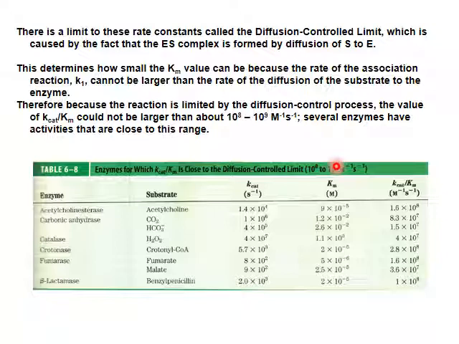And if they were just to diffuse together, well, the diffusion constant is around 10 to the 8th inverse molar inverse seconds. And so you can't really usually get any higher than that. You can go to maybe 10 to the 9 if, say, the molecule was charged and it was able to come together more efficiently in some way. But this is your theoretical limit, 10 to the 8 or 10 to the 9.